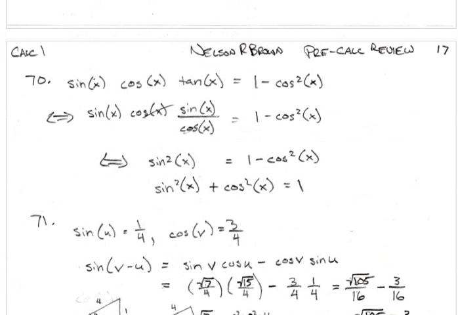We have sine of x times cosine of x times tangent of x equals 1 minus cosine squared of x. Same old tune. Tangent of x is the same thing as sine of x over cosine of x, right? So if I replace that, cosine of x cancels on both sides. And I am only left with, on the left-hand side, sine squared of x.